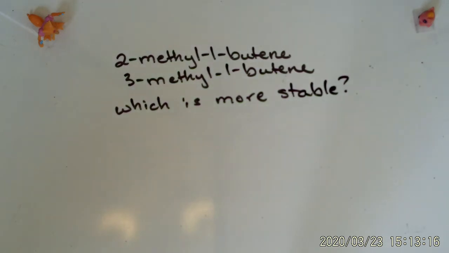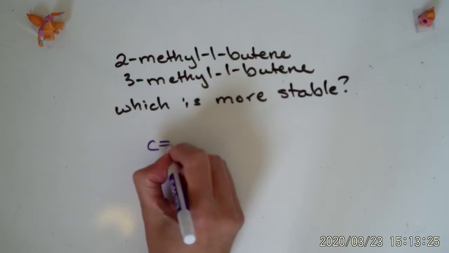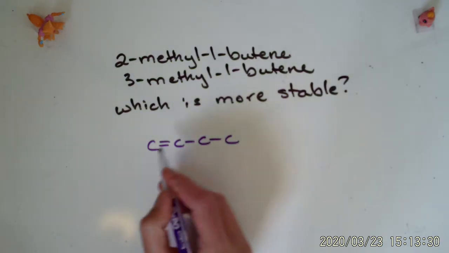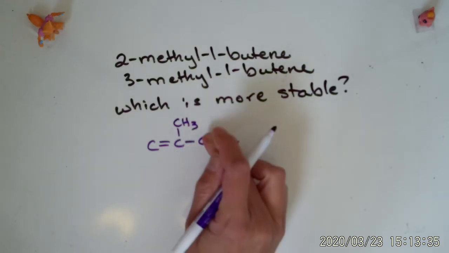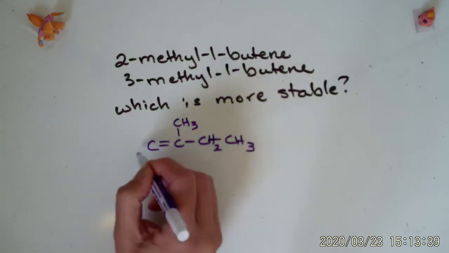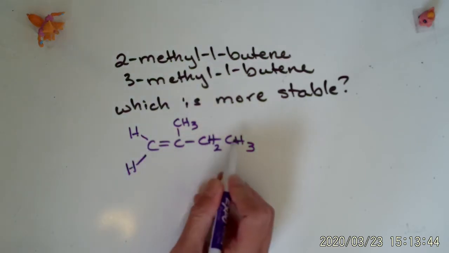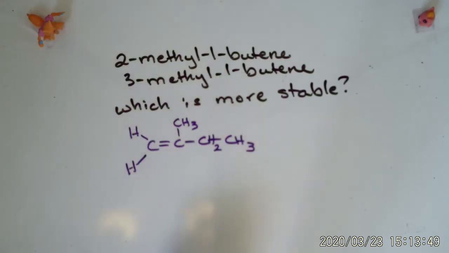What you need to do is draw the structures out so we can make a comparison. So here is 1-butene, 2-methyl: 1, 2, 3, 4, 1-butene with a methyl group on carbon 2.